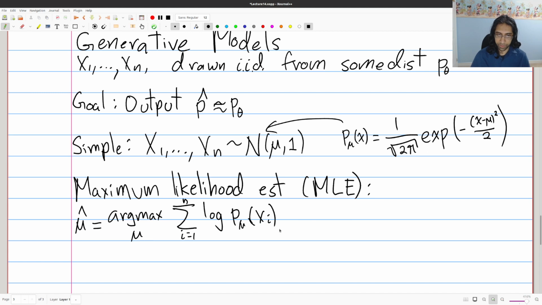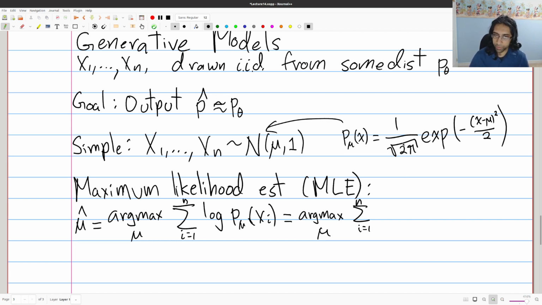Let's expand this because we know exactly what this quantity is, just plugging this in. So this is going to be equal to argmax over mu, and we're still summing over the points. And what we do is we just take the log of this term. We'll note that when we take the log, we can decompose it into a few different terms.